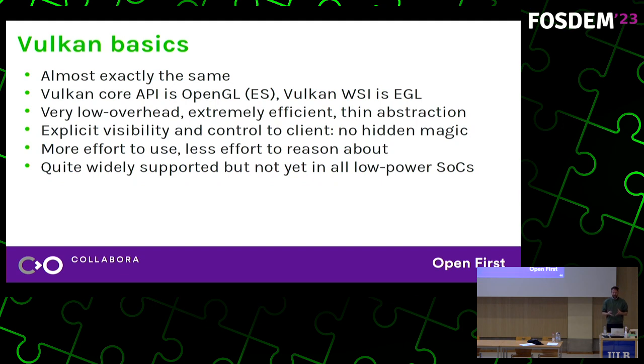The main difference with Vulkan is that it's really, really explicit and clear about what it's doing. The downside is that because it's so explicit and clear, you end up typing a hell of a lot of code. So it's more effort to use, but there's no magic hidden under Vulkan. You know exactly what's going on, for better or worse.